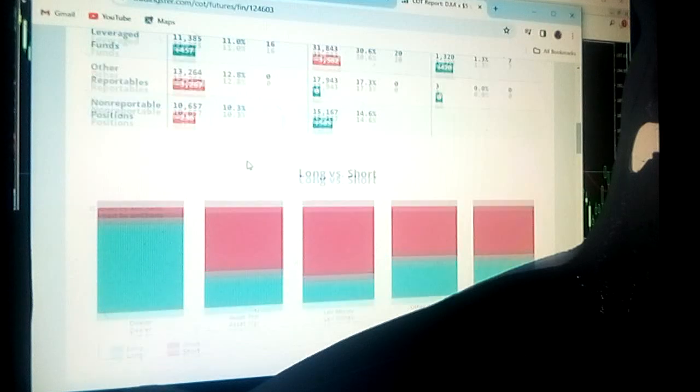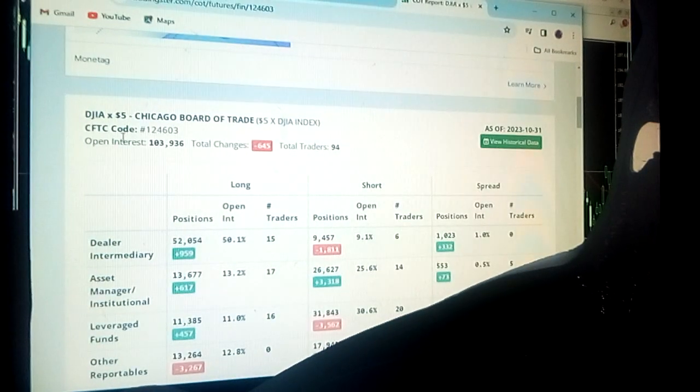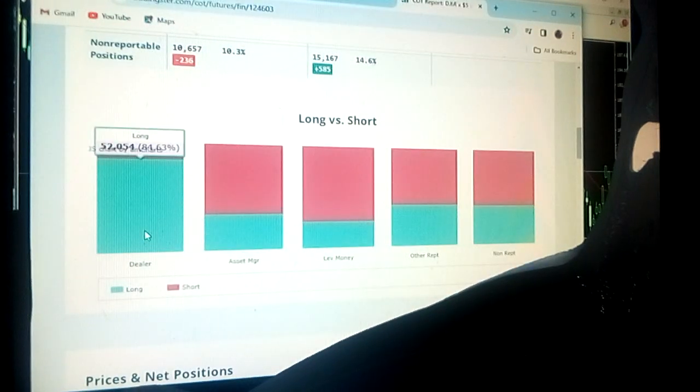Then if you are trading stocks and you're a beginner, you need to look at this thing here, okay. You can see this chart. I have already pulled it earlier before, okay. On this chart, what you need to focus on mostly are these people: dealers, asset management. Then look at this formula. You can see all of them, they're going long.